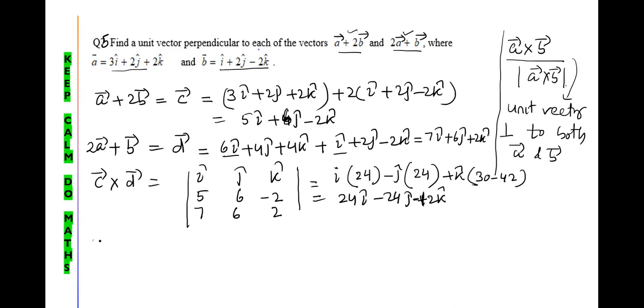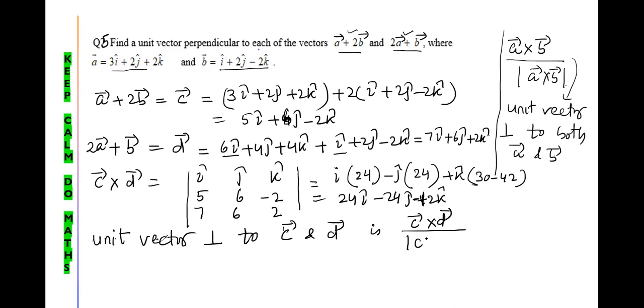Now the unit vector perpendicular to C and D is C cross D divided by magnitude of C cross D. Then you can make it a bit simpler.